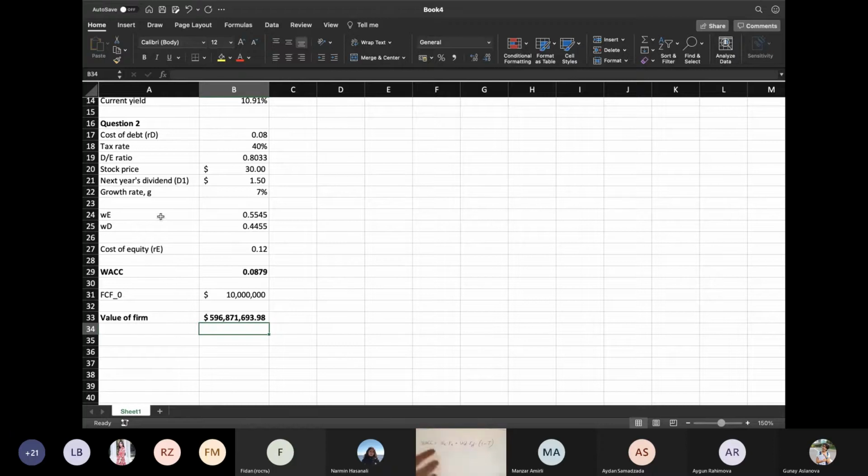This is the WACC formula. And in our case, WACC, we are multiplying 1.0555.